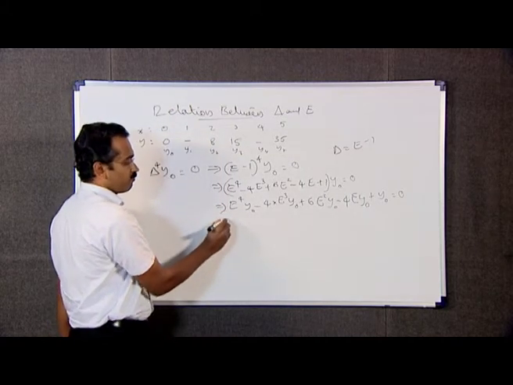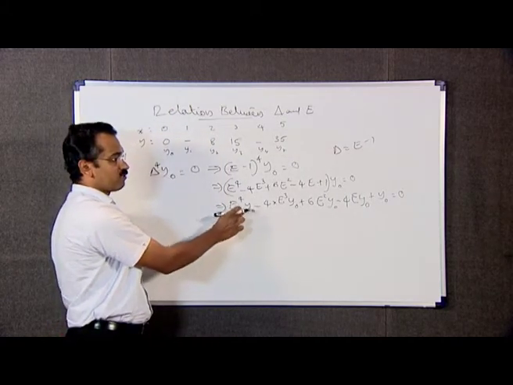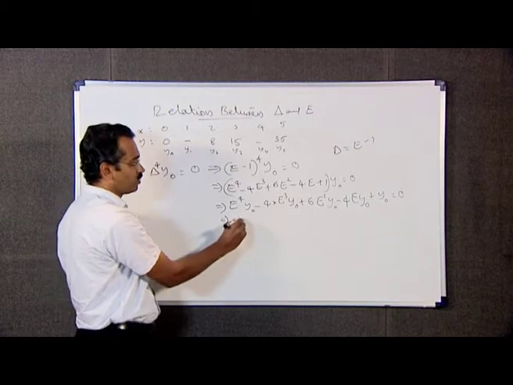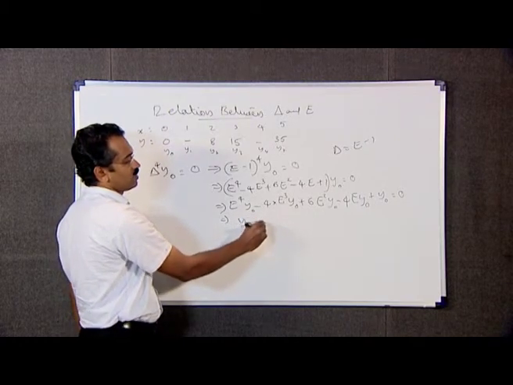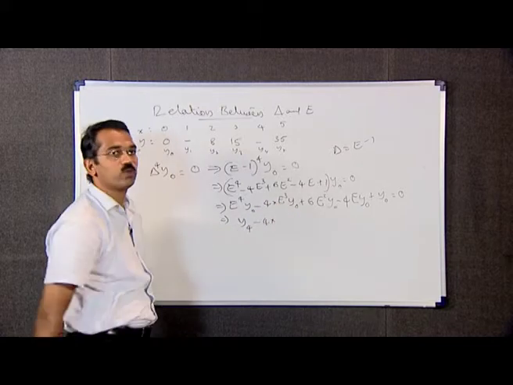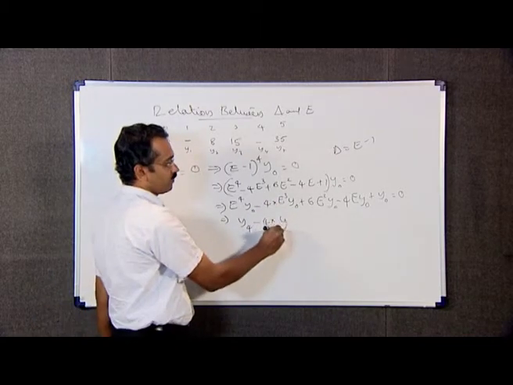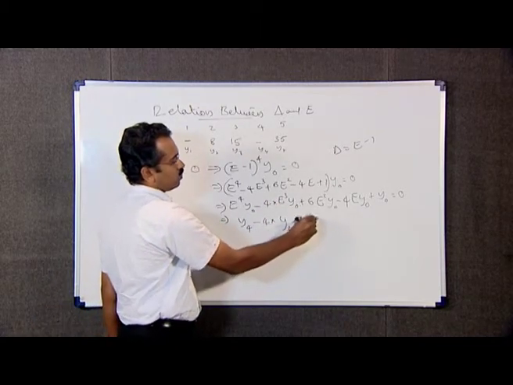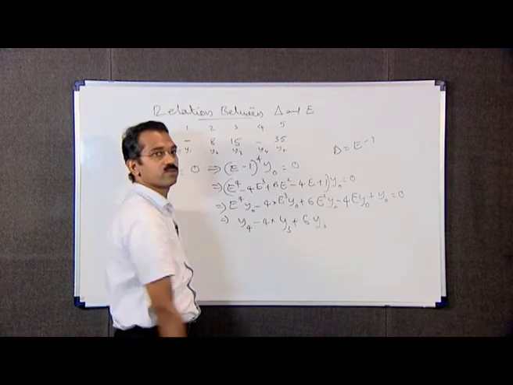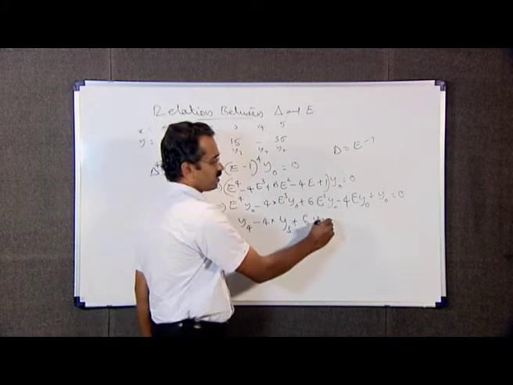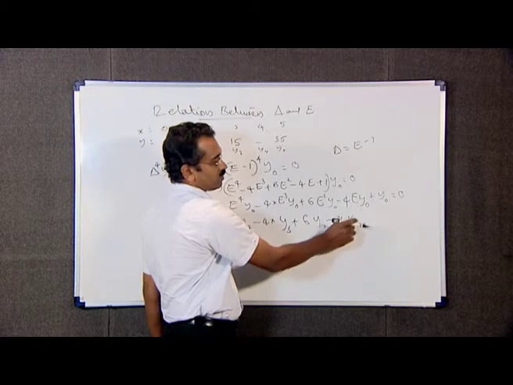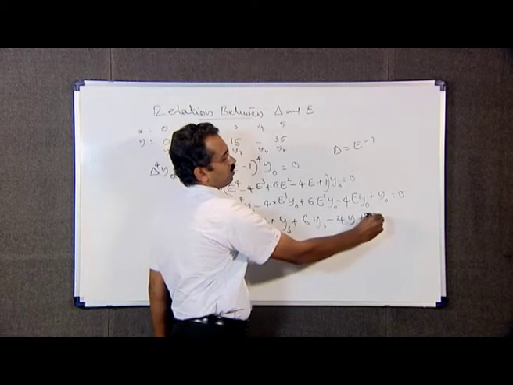By definition of the shift operator, E raised to 4 y naught is y4, minus 4 into E cube y naught is y3, plus 6 into E square y naught is y2, minus 4 E y naught is y1, plus y naught equal to 0.